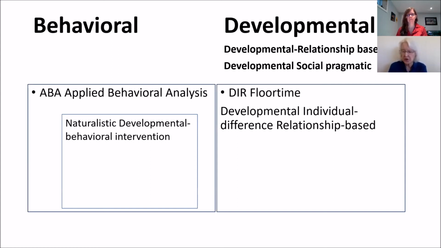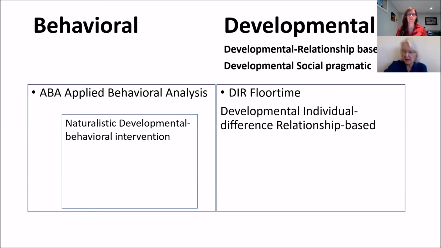They coined the term naturalistic developmental behavioral intervention. And the reason that this began to be used was because the traditional ABA wasn't really successful with younger children. And so they took some of that ABA framework and applied it more in play, looked more at some of the foundational elements of a language in particular.